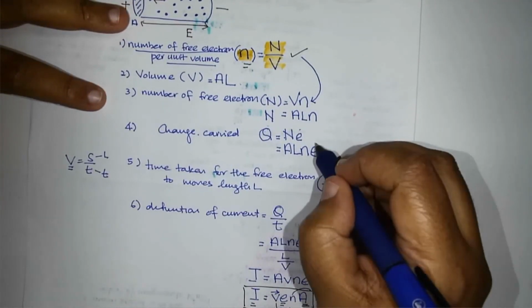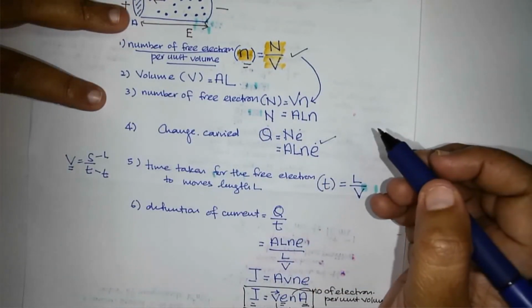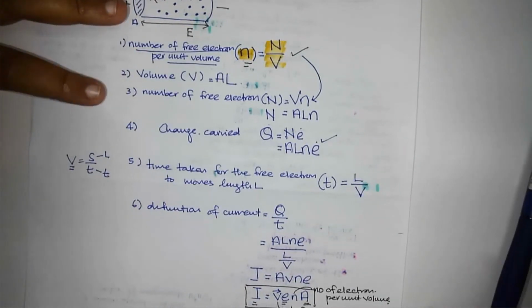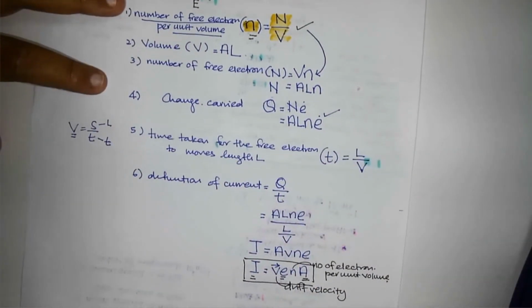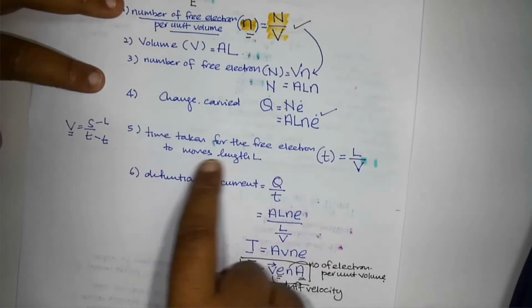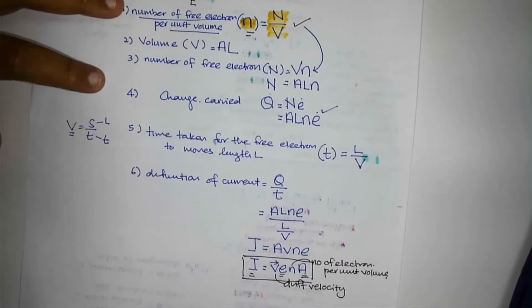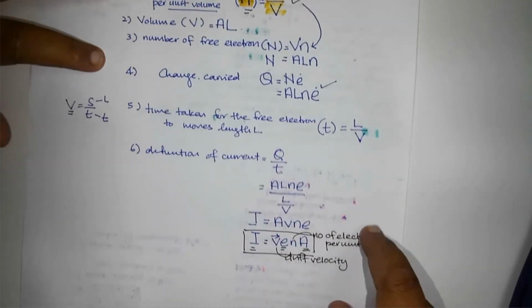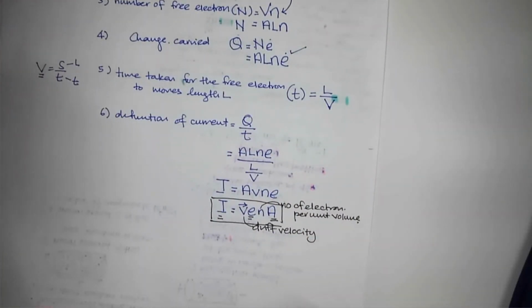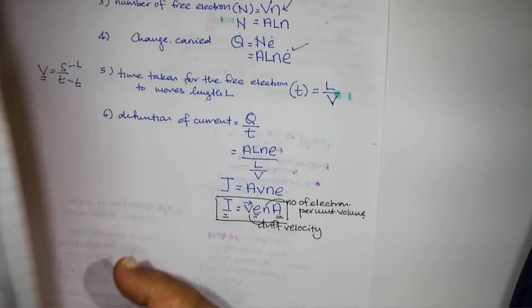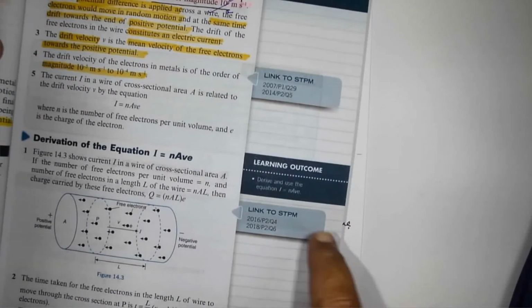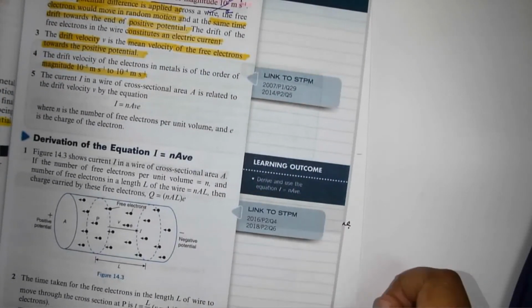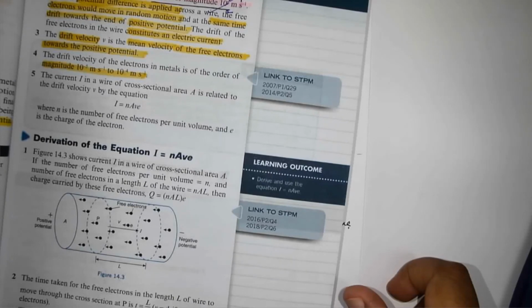Then you get the charge carried, and the time taken for the free electron to move length L is L over v. Then you put in the definition of current and you get the equation I equals venA. So the book says derive and use the equation. I'm going to give you all the questions to do now.